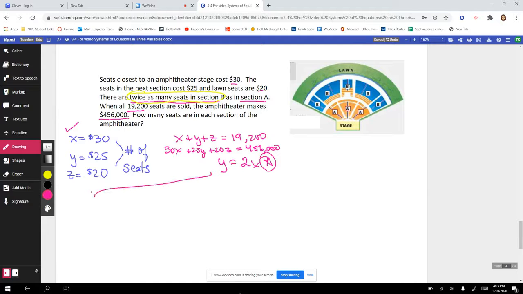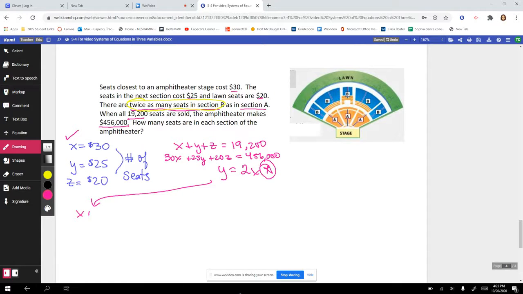Okay, so let's start over here. I'm going to replace y with 2x. So I have x plus 2x plus z is equal to 19,200. So it's 3x plus z is equal to 19,200. So I've already narrowed it down to just two variables. Okay, I'm going to do the same thing in that second equation.